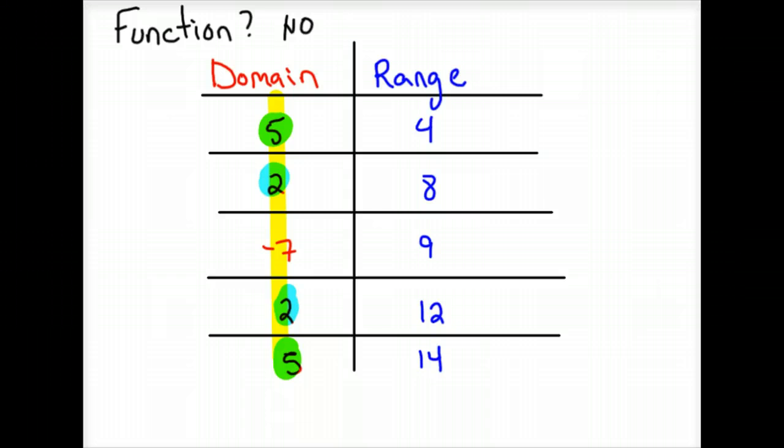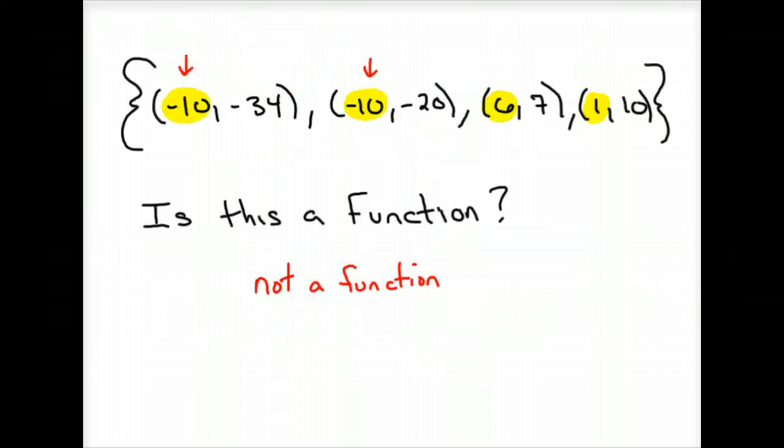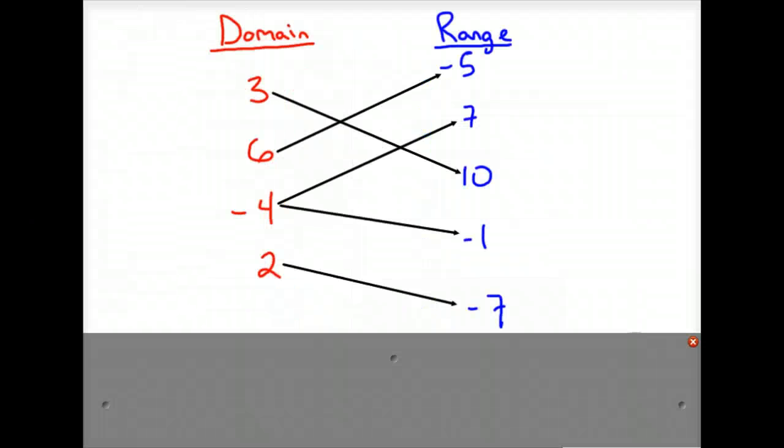So we looked at the relations, we looked at the graph, and our next example is a mapping. Now this one can seem a little bit more confusing. My x values are 3, 6, -4, 2. The y values are -5, 7, 10, -1, and -7.